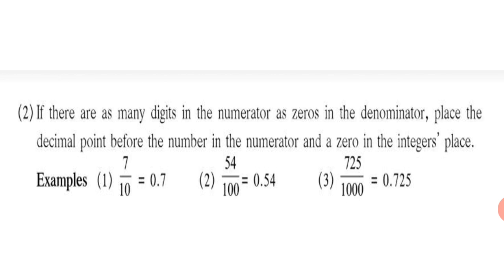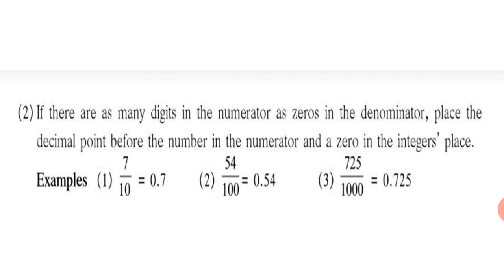Now where does this 0 come from? 0 is used while writing a decimal fraction whenever we have to fill up a place. Because there is 1 zero in the denominator, we count one digit and place a point. But before the point there is no number left, so we just place a 0.